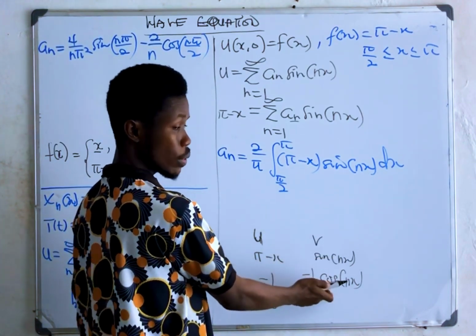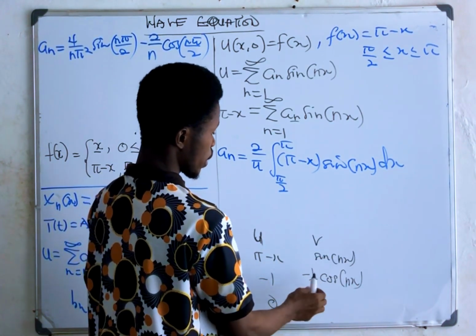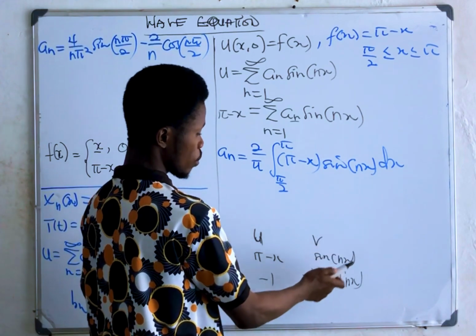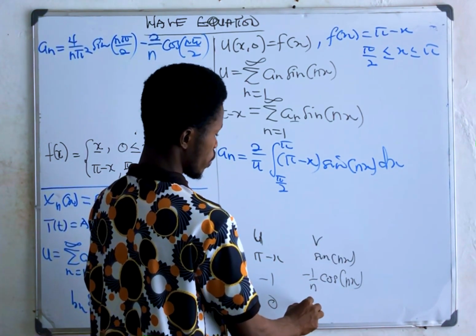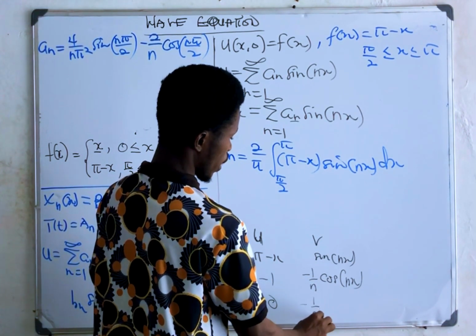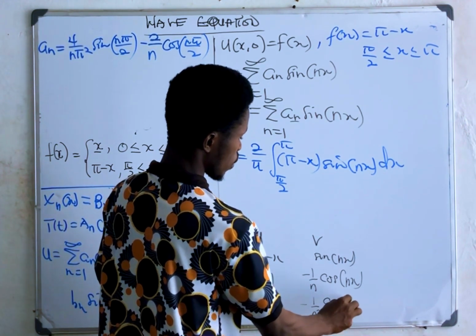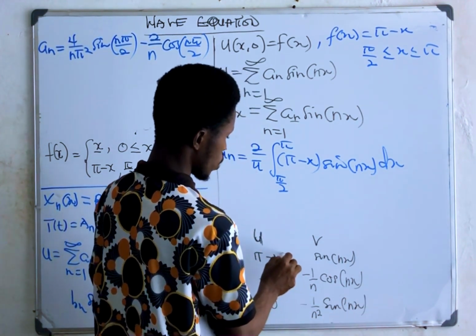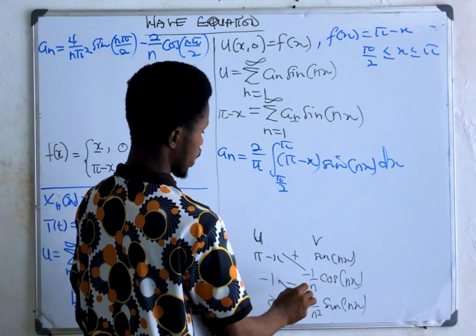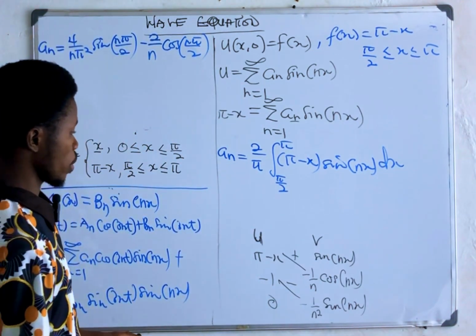Remember, under the v, we integrate. That's why when you integrate sine, it gives you negative cos. Now here we get -1 over n squared sine nx. So this goes with this, plus minus. Is that okay?